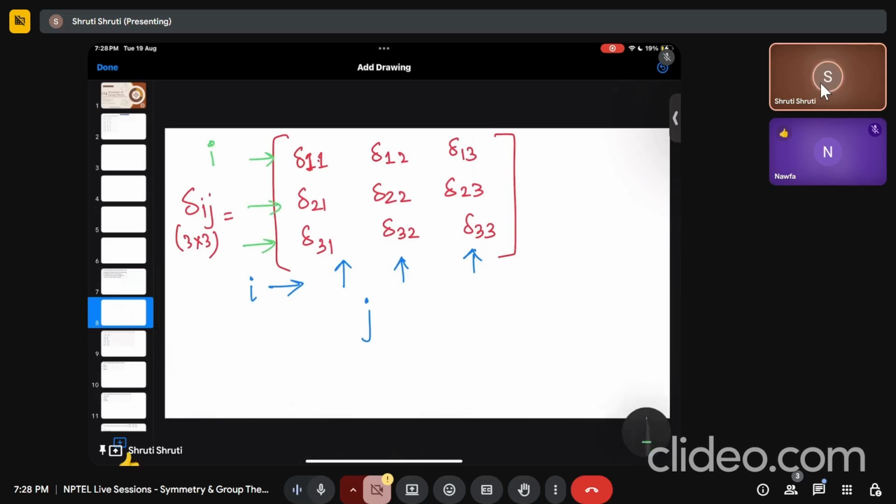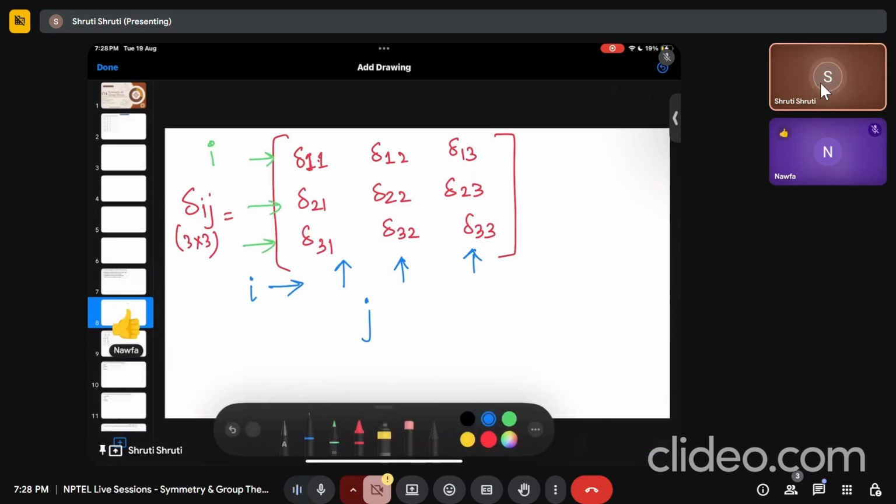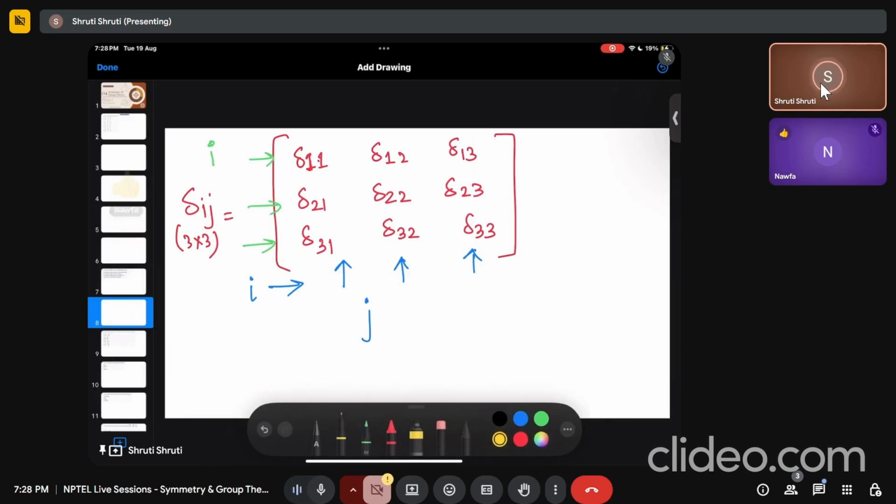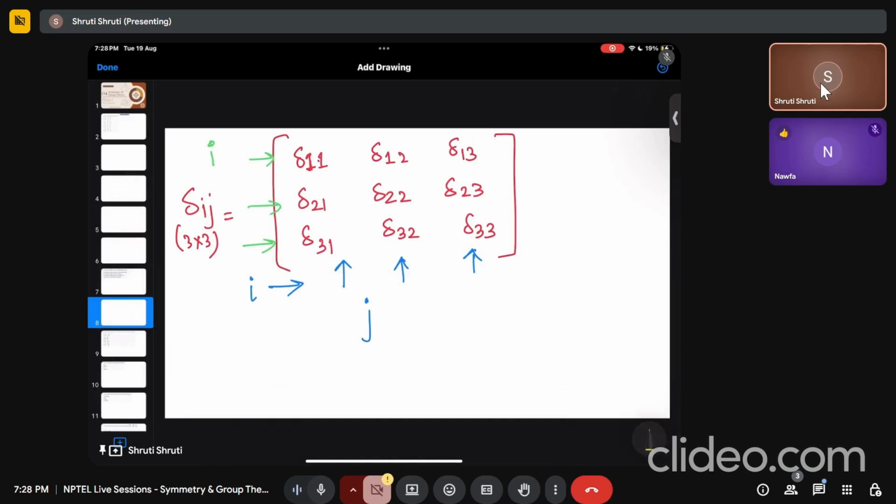Row number and column number. Now when i is equal to j, suppose for the first element i is 1, j is 1, so i and j are equal. Here i is 1, j is 2, these are not equal.